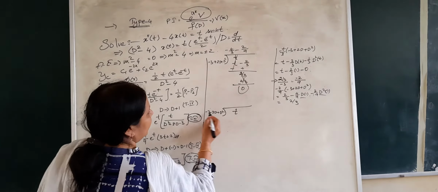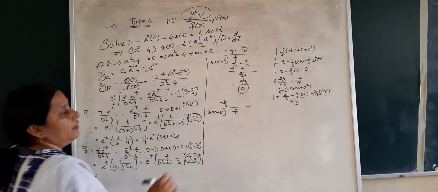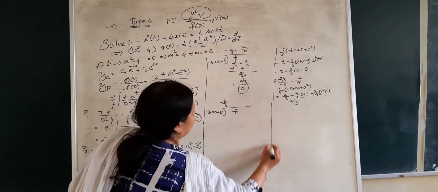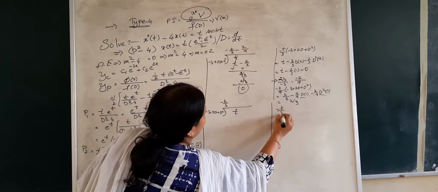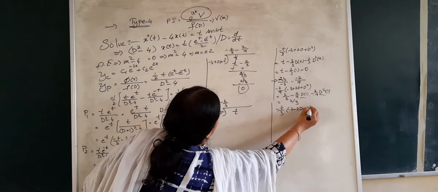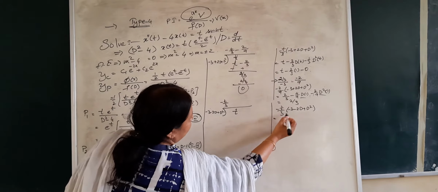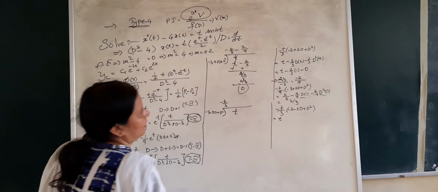First term divided by first term is going to be minus t by 3. Now multiply minus t by 3 with the denominator, that is minus 3 minus 2d plus d square. Multiplying it further, minus of minus is plus, 3 gets cut, we get just t.